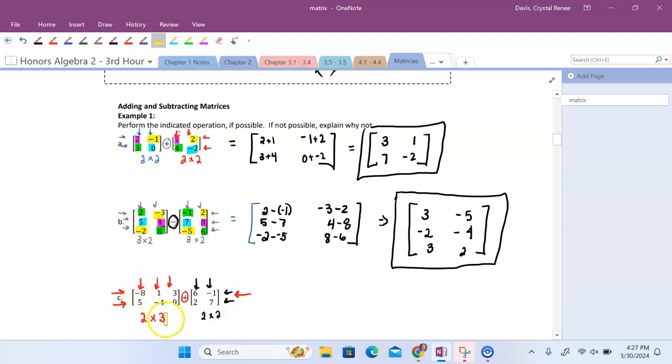Okay, well, as you can see, the number of columns in the first is different than the number of columns in the second. So because these dimensions are not exactly the same, I would just say cannot add. And the reason is because they have different dimensions.